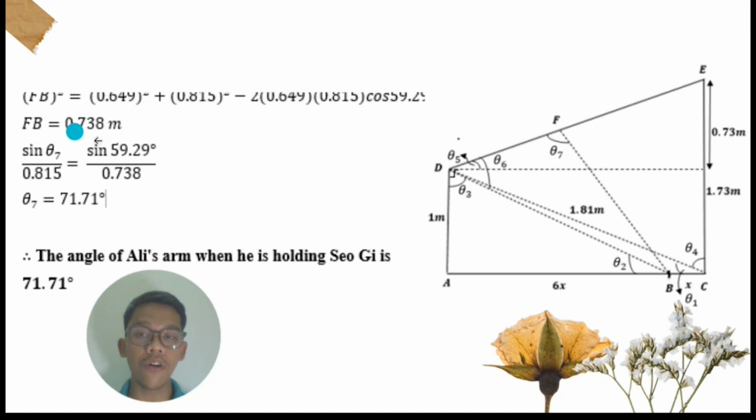By having the value of FB, we can find theta 7, which is the angle of Ali's arm holding Seogi. By using the sine rule, we find theta 7 equal to 71.71 degrees. To conclude, the angle of Ali's arm when he's holding Seogi is 71.71 degrees. That's all from case 1.